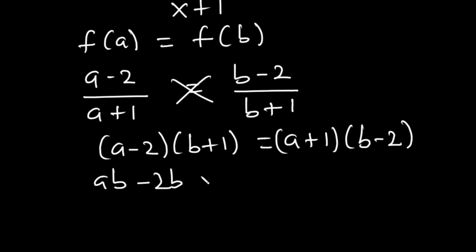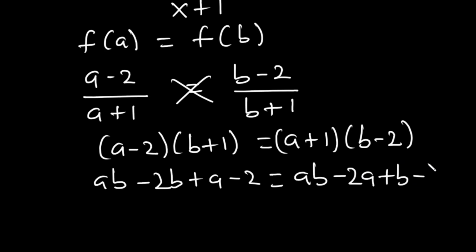A times 1 is a, and then negative 2 times 1 is negative 2. A times b is ab, and then a times negative 2 is negative 2a. 1 times b is b, and then 1 times negative 2 is negative 2.